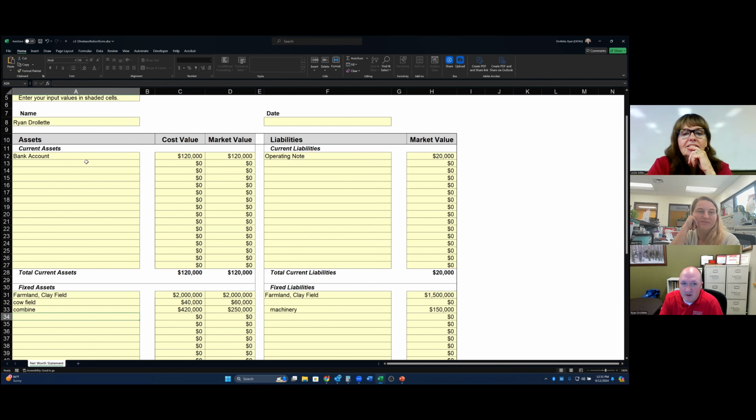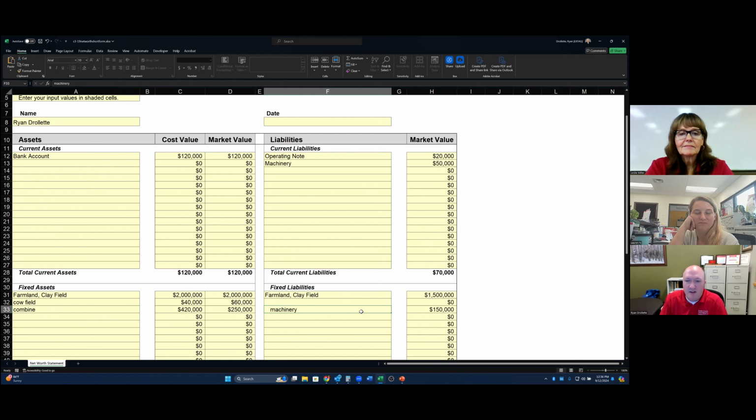If I've got notes that are due in the current year, let's say this year on the note I've got a payment of 50,000. Okay. So current liabilities are anything that is due in the current calendar year, in the next 12 months. I've got a machinery cost down here saying this is the amount due in the next 12 months. This is the amount due after I make my payment in the next 12 months, that is due next year and beyond.